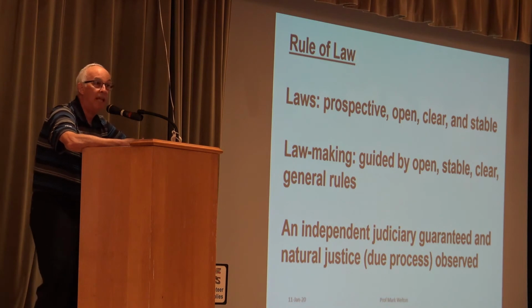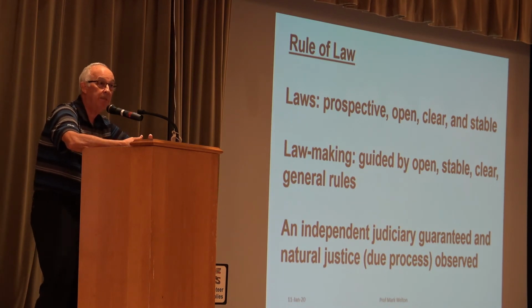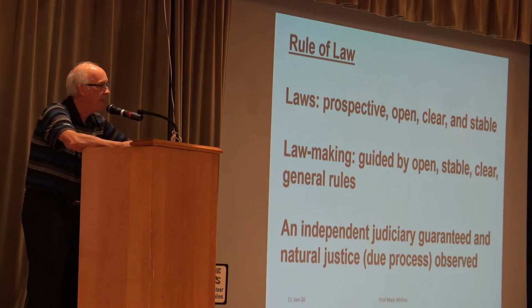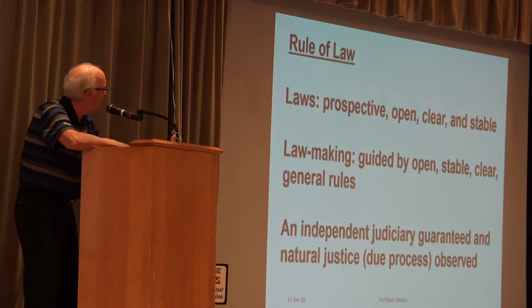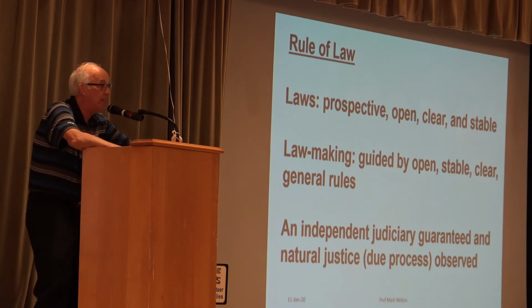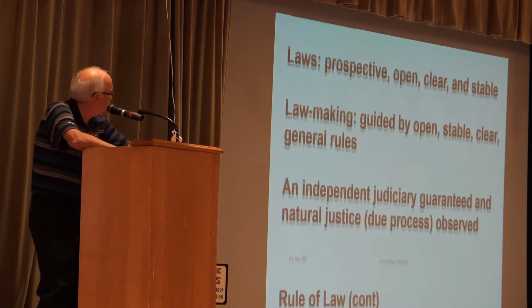How can people plan their lives? How can government be effective when laws change every 2, 3, or 4 years just because that's the purpose? An independent judiciary with due process again. Next slide.